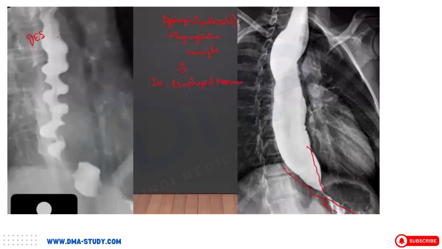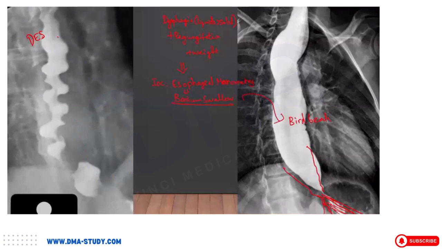You can also do the barium swallow. If you are doing the barium swallow, what could you see? Bird beak appearance, with Hurst phenomenon. Hurst phenomenon is just the oozing of the contrast into the stomach.